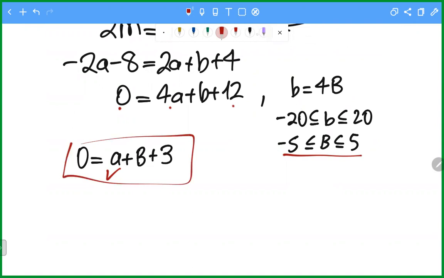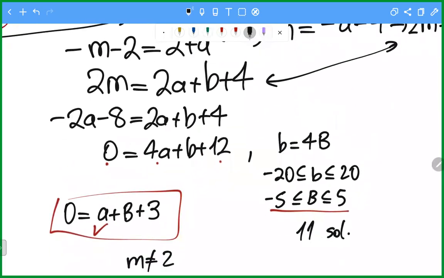So from here, we have 11 solutions. But we have to be a little bit careful. We need to rule out the case when m equals 2. So we need to make sure that m is not equal to 2.